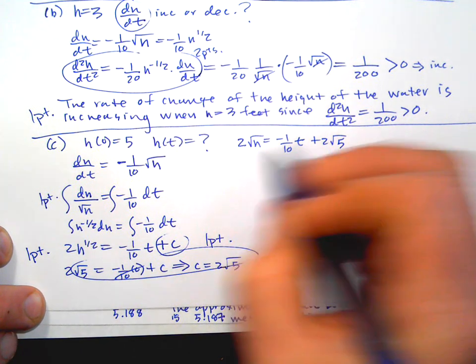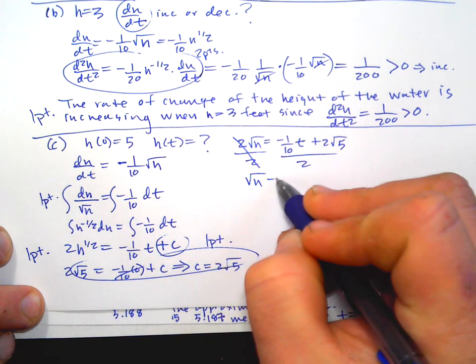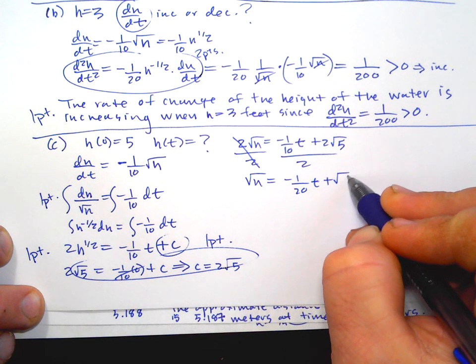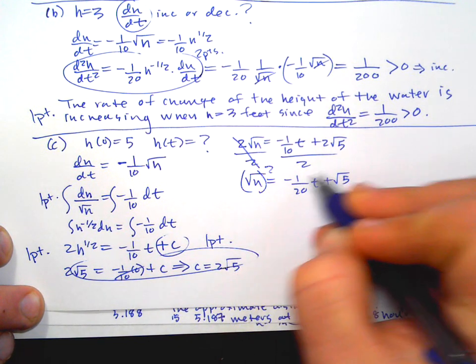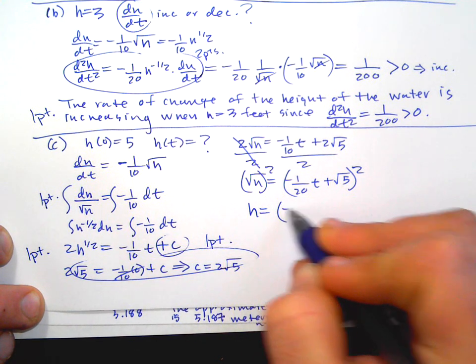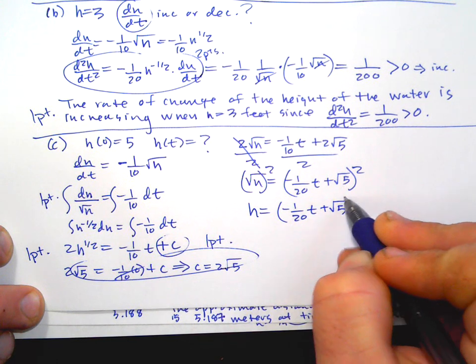And then we're going to solve for h. So square root of h equals negative 1/20 t plus root 5. Then we're going to square both sides. So h equals parentheses negative 1/20 t plus square root of 5 squared.